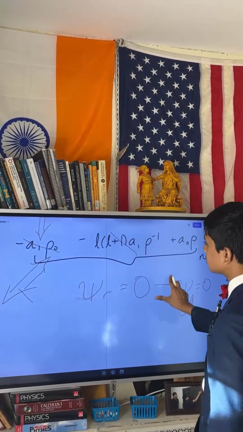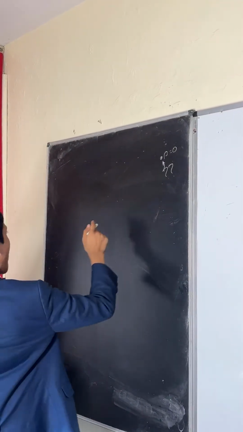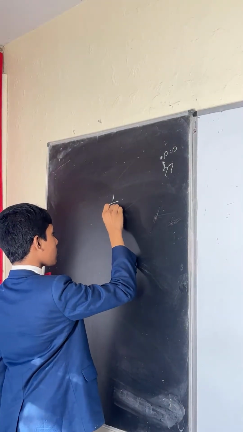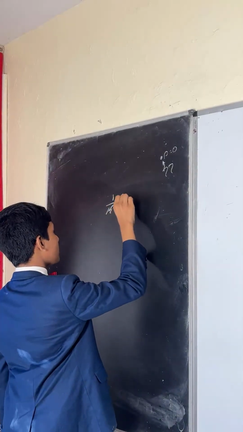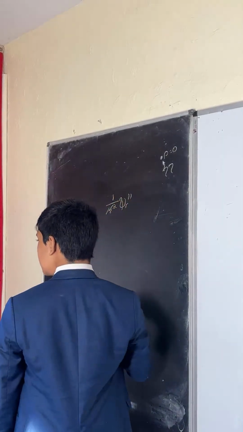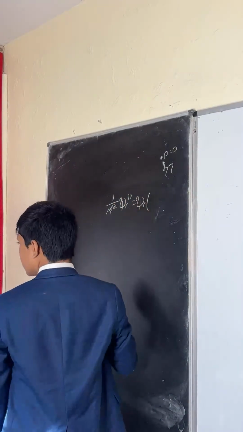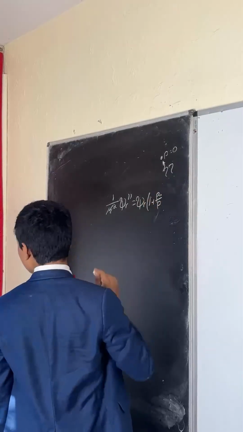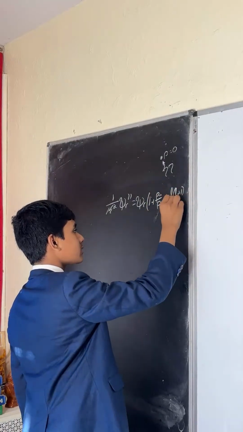Well, we look at the equation that we have right now. 1 over kappa squared times psi r double prime is equal to psi r multiplied by 1 plus rho naught over rho plus L times L plus 1 over rho squared.